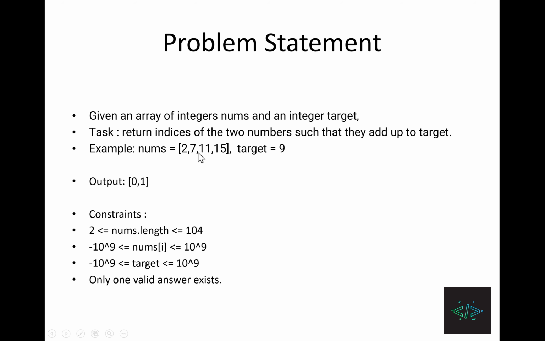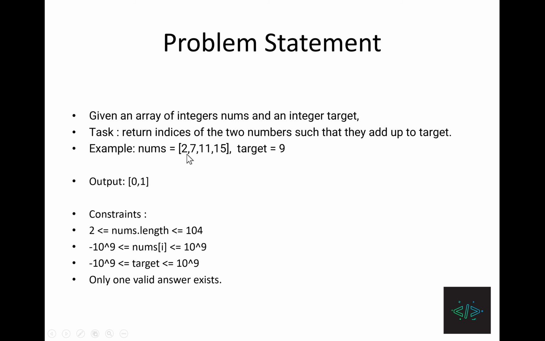Basically, if nums is 2, 7, 11, 15 and our target is 9, we have to choose two numbers from this array and return their indices if their sum is equal to the target.